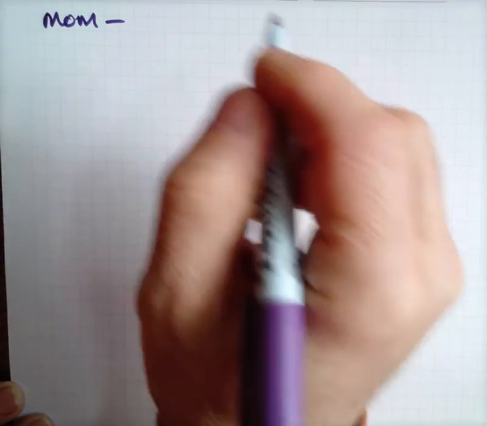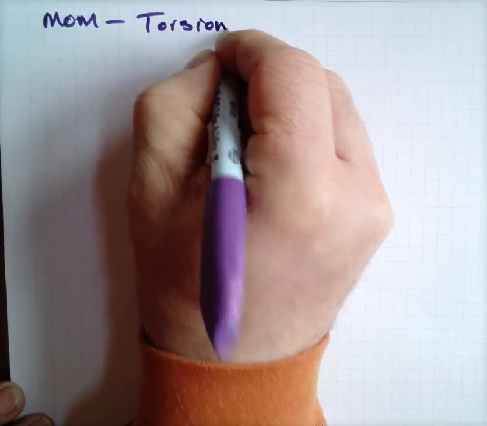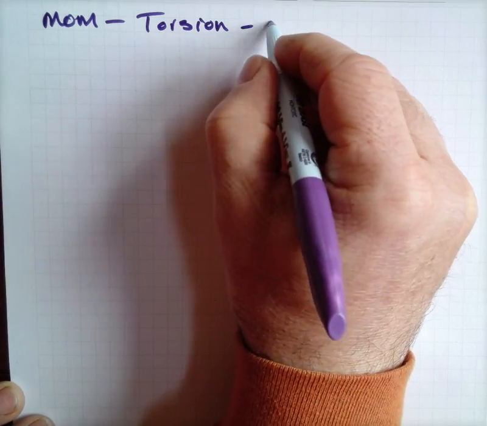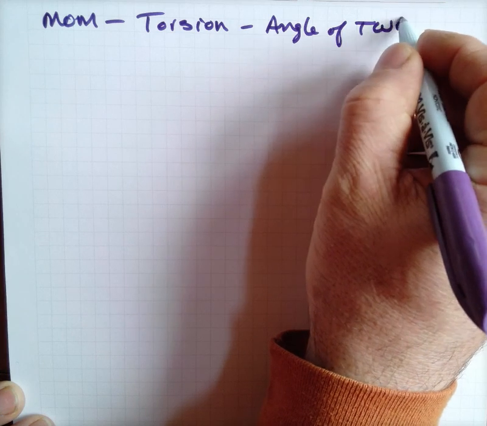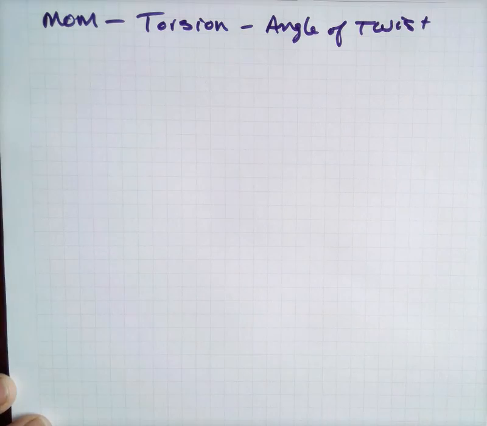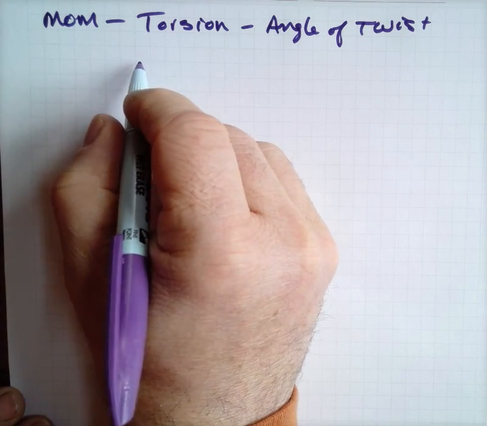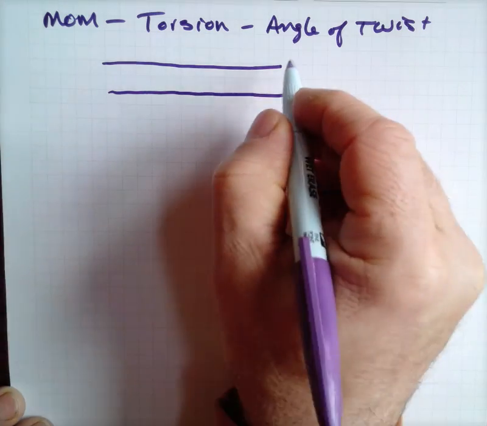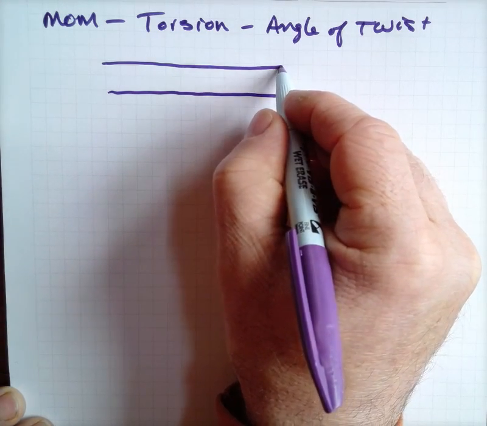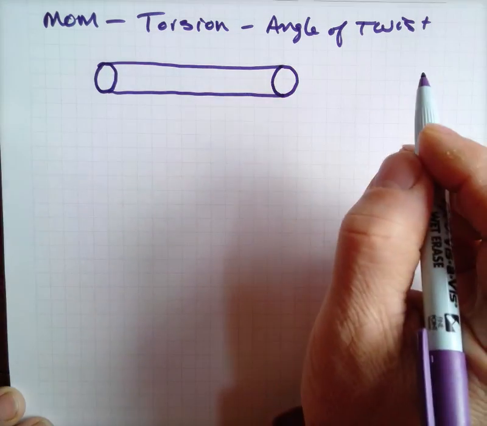This video is a video from our study of torsion, and the video is on the angle of twist. Angle of twist is, if we were to have a shaft, and let's just let that shaft at this point be a solid circular shaft.